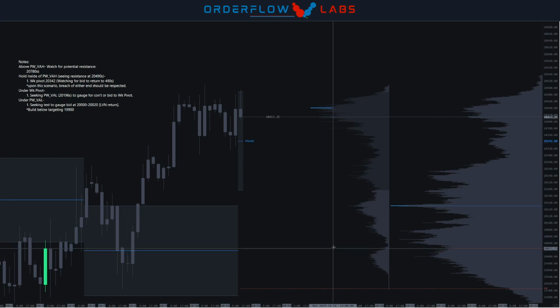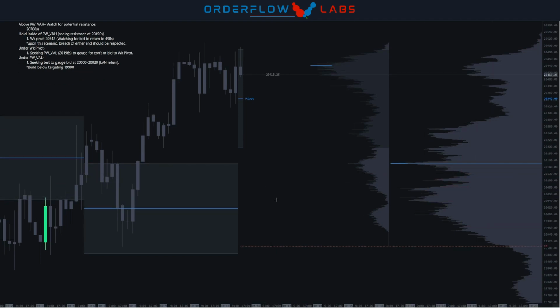But if we get an LVN return in that scenario, what I look for is an exhaustive look down here in the 20,000s, 20,020 for a push back up into the previous week's value area low, rotate around and create a wide balance. But if we find ourselves offering underneath 20,000, then I want to seek reoffer going into 19,900s to then gauge for continuation. So that's from a high time frame aspect.